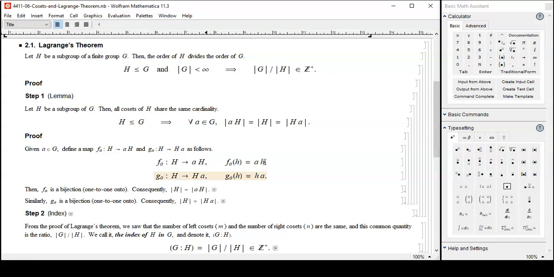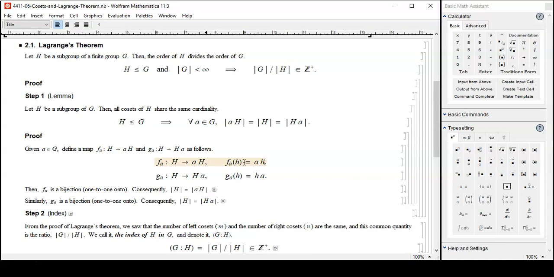I'll do the usual. I'll prove only the left coset, and the technique for the right coset is pretty much the same, and I'm going to leave that to you. So we have to prove that this is a bijection, one-to-one and onto. Let's see. It should be one-to-one.